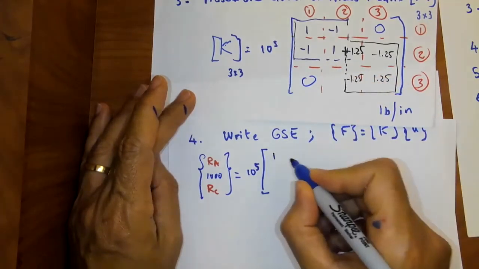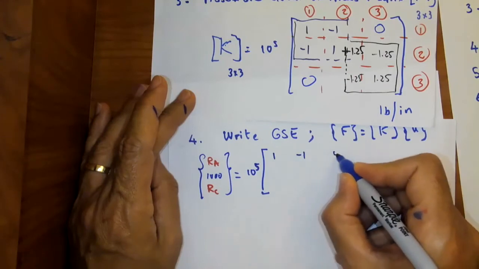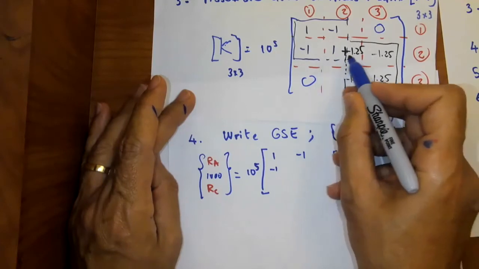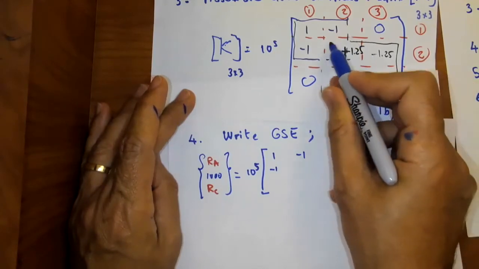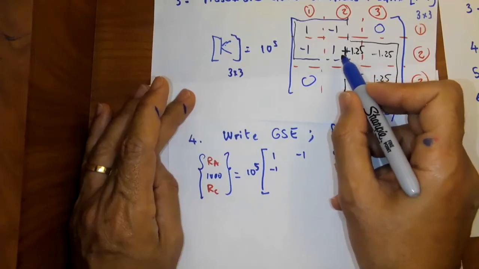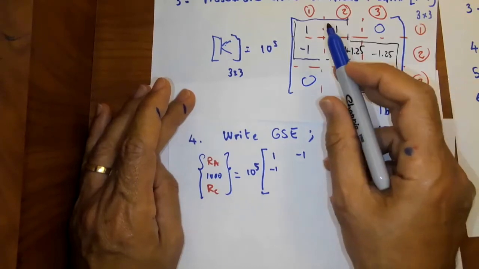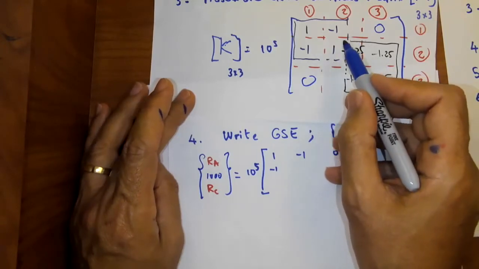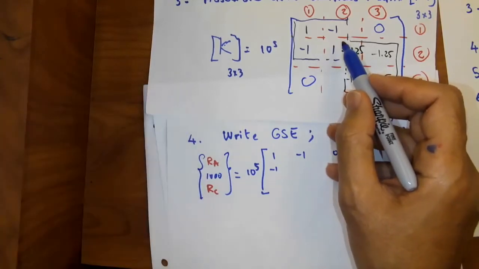I have a 1, a -1, and a 0, a -1, and I add these two together. So the only entry that's getting components from K1 and K2 is the one that goes in row 2, column 2.